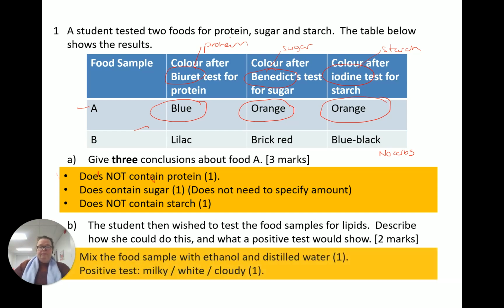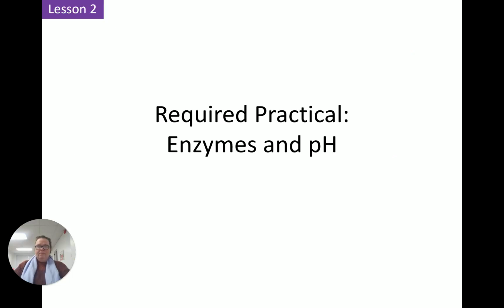Let's have a look. There we go. Mix the food sample with ethanol and distilled water, if you haven't got it in there already. And the positive test is milky, white, or cloudy. Well done if you got those.